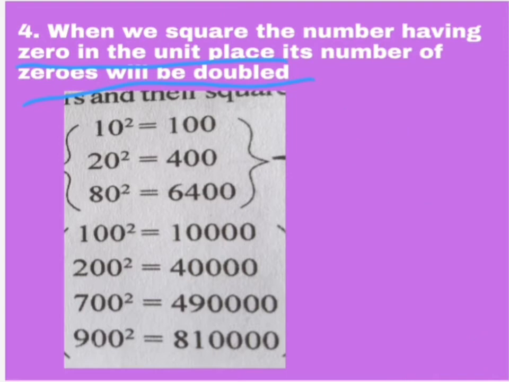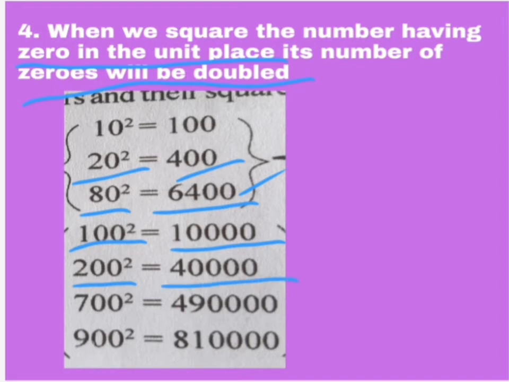So here are some examples. 20 square is 400, 1 zero has doubled into 2. 80 square is 6400, 1 zero has doubled into 2 again. Next, 100 square, 2 zeros are doubled into 4. 200 square, again 2 zeros are doubled into 4 zeros. 700 square, here also 2 zeros doubled into 4.